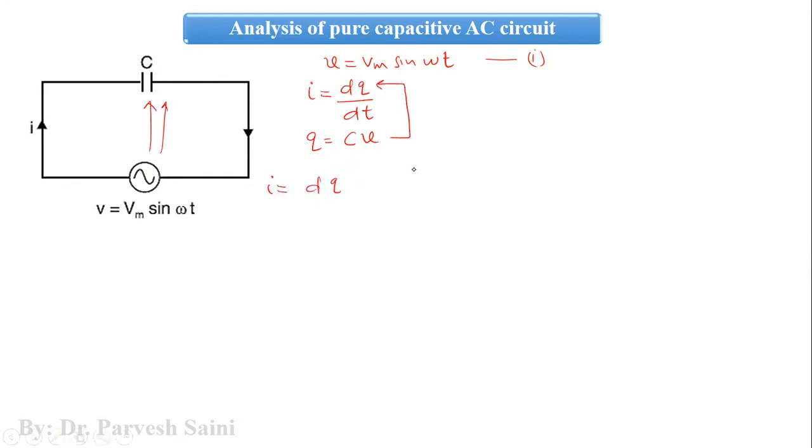So I is equal to d(CV) by dt. Now capacitance is a constant parameter, so it is C dV by dt. Now we will put this V in this particular equation. So I is equal to C d(Vm sine omega t) by dt.